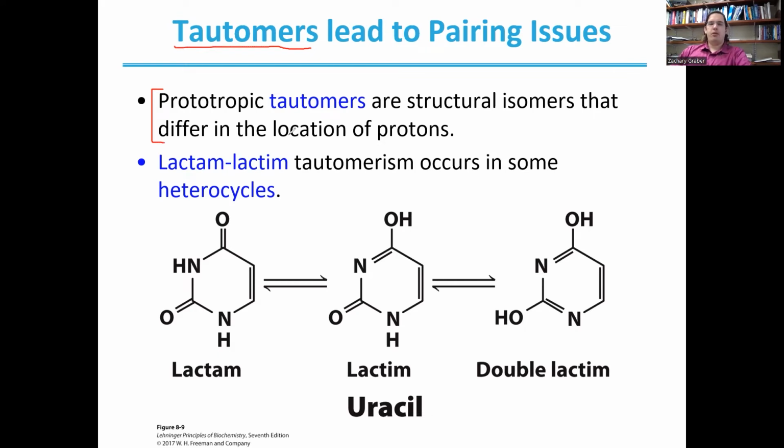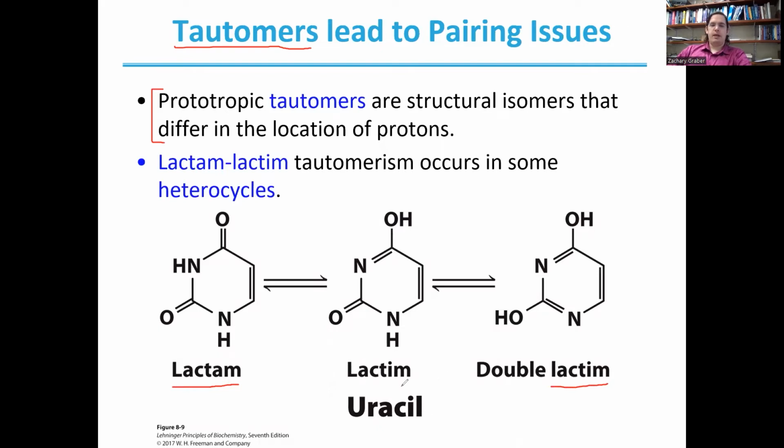Now, the most common form of prototropic tautomer is the conversion between a ketone form and an enol form. So this is something that we looked at extensively in organic chemistry because, of course, it affects the reactivity of our carbonyls. In the case of DNA or RNA, this ketone to enol tautomerization allows us to convert from lactam forms of nucleotides to lactim forms.